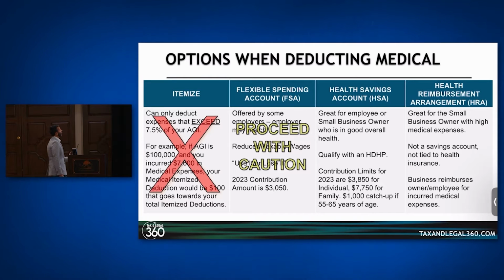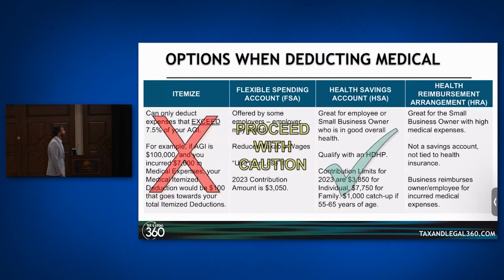You qualify for an HSA by having a high deductible health plan. And these are the limits that you can contribute into your HSA. So again, I'm not covering the HSA in this presentation, but I encourage you, if you're watching at home and you want to learn more about that, please check the recording of Carter's presentation. It'll unpack the HSA for you.